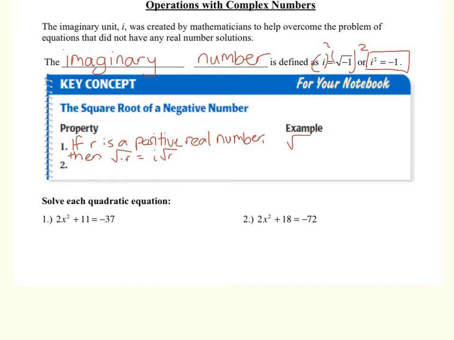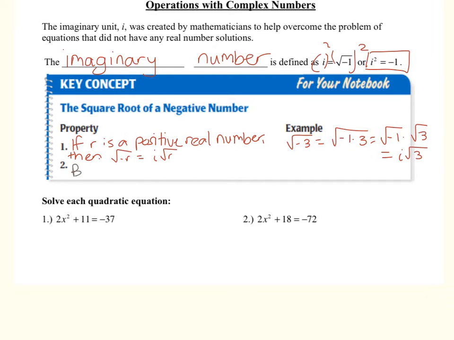For example, if we have the square root of negative 3, we can think of that as the square root of negative 1 times 3. By the product property of radicals, I can break that down to the square root of negative 1 times the square root of 3, and we've just defined above that the square root of negative 1 is equal to i. So we get i square root of 3.